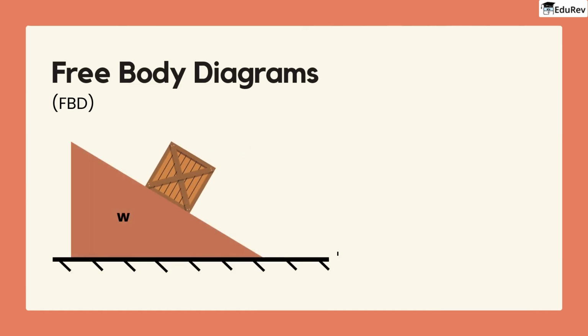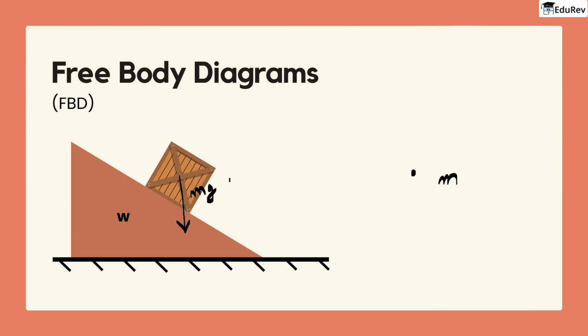Suppose in this figure, you need to draw the FBD of the box. First, let's consider the box to be a point mass. Here we have it. We label it as M, the mass of the body. Next, we will mark all the forces that are being applied on the box, which are the weight that is being applied by gravity on the box, which is W equal to mg.